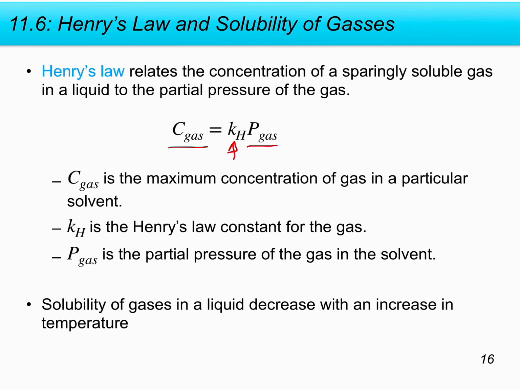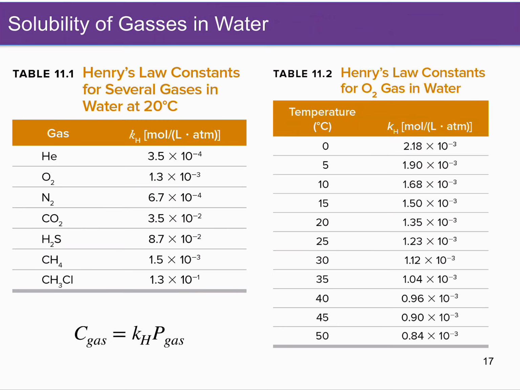All right, so last slide here. This is just giving you some ideas of what Henry's law constants are, and they don't really mean too much. Those units are kind of weird, moles per liter times atmosphere. But what these numbers are basically saying relative to each other is that the lower that number is, the less of that gas, as a proportion to others, can dissolve in water.